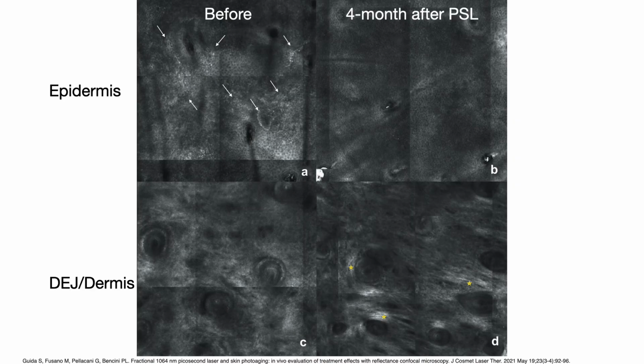You can see that at the epidermal level, we have the resolution of the mottled pigmentation and the restoration of the honeycomb pattern. While at dermal level, we can see something very interesting. You see with the asterisks the presence of these elongated collagen fibers, very well crisscrossed.